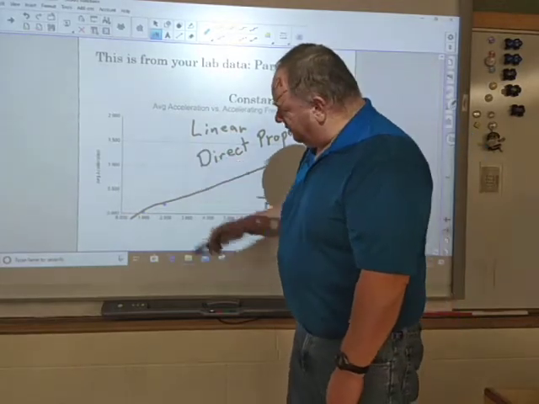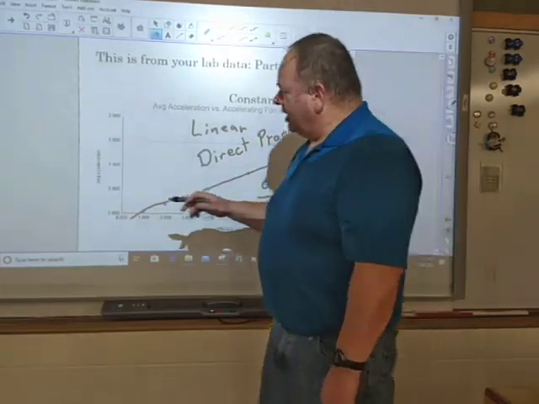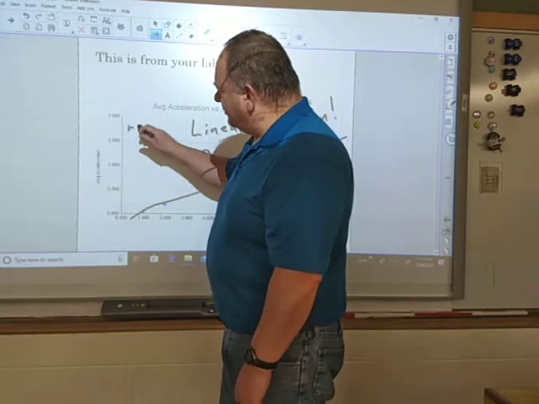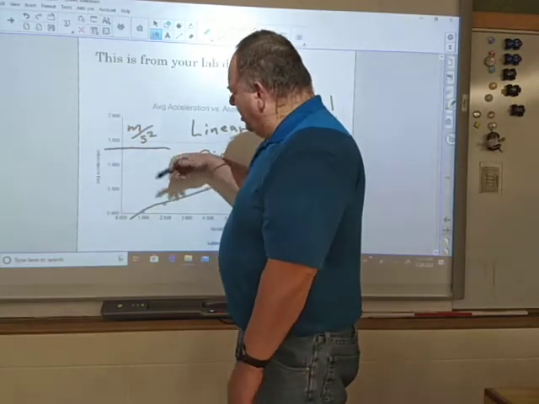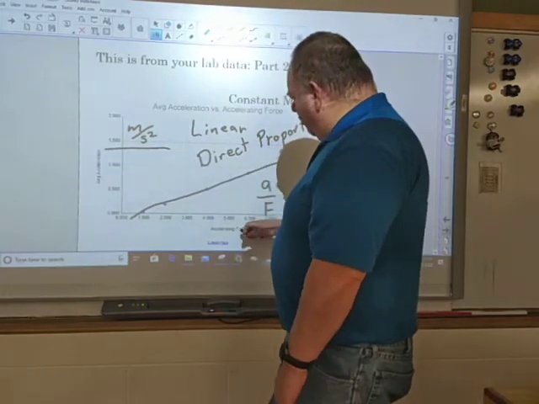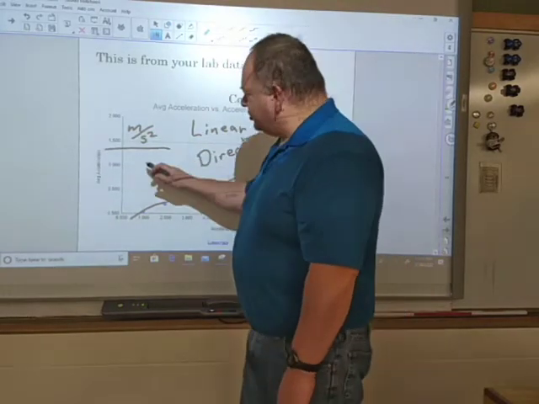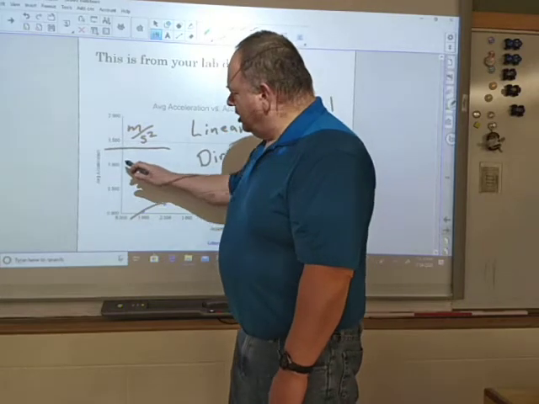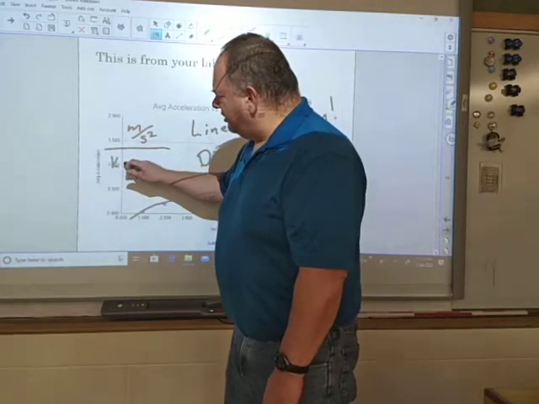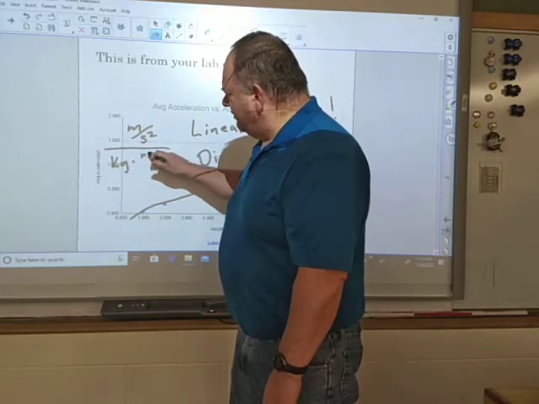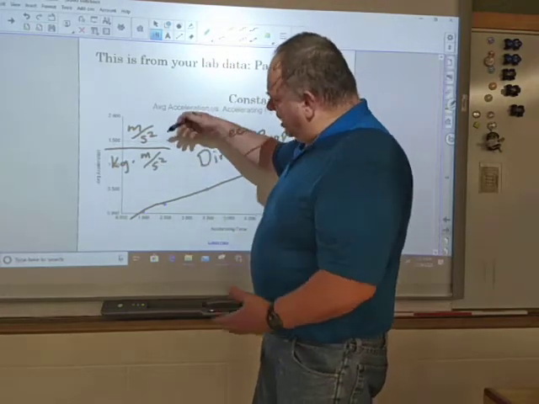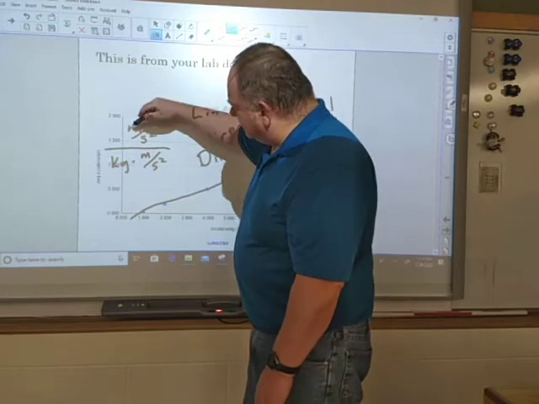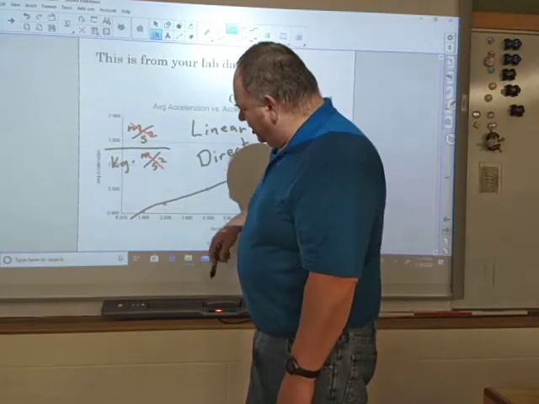If we take acceleration, it has units of meters per second squared. And if we put that over the force, which is in newtons, but a newton is a kilogram times a meter per second squared, we see that we have meters per second squared on top and on the bottom.